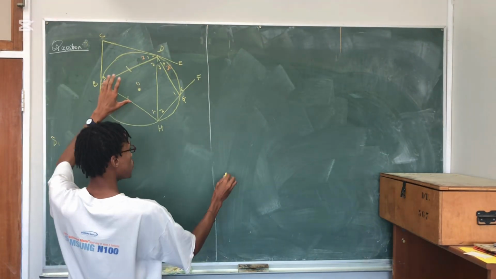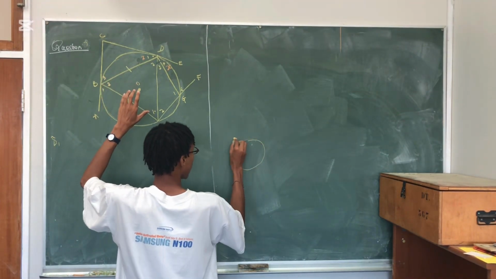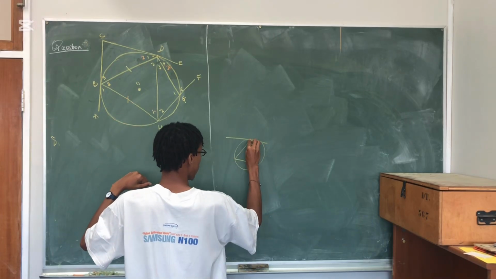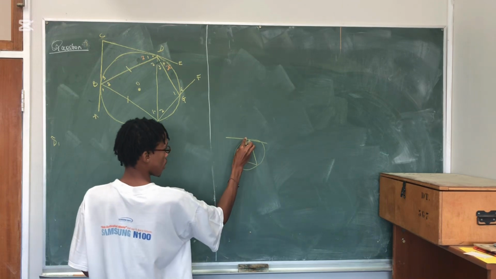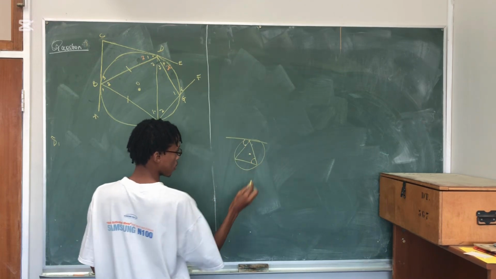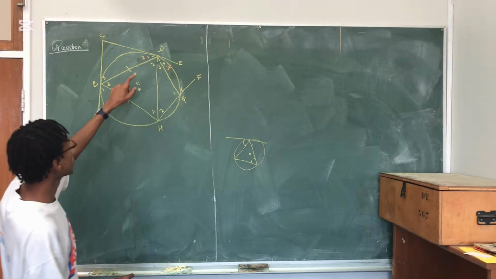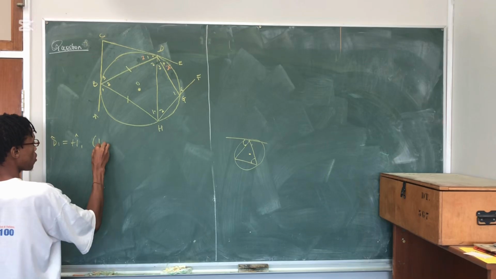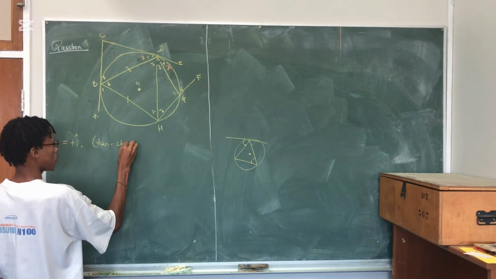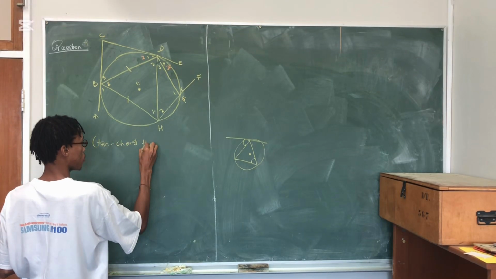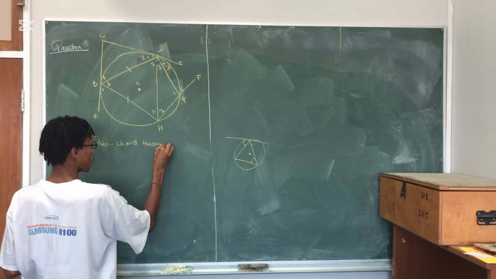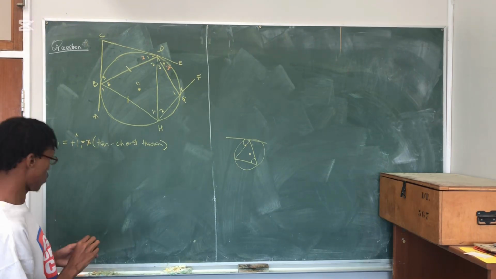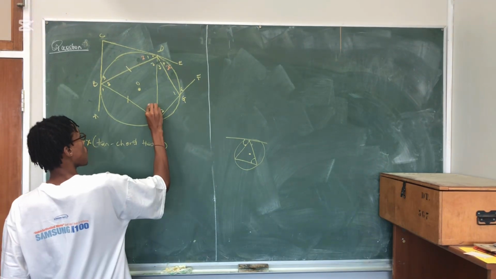If we isolate these two, this angle is equal to this angle because of the tan chord theorem. So D1 is equal to H1 because of the tan chord theorem. Equal to x, so we have another x.